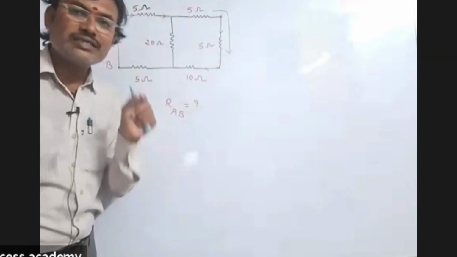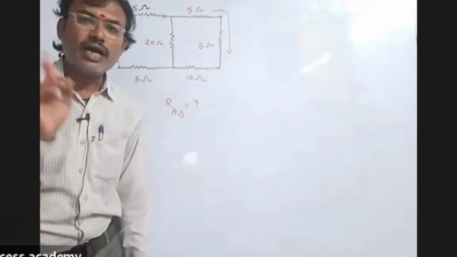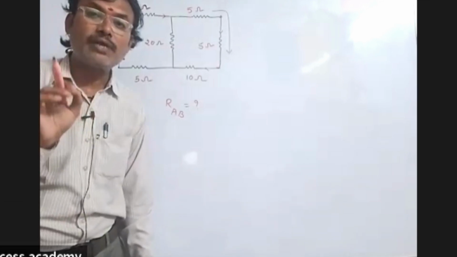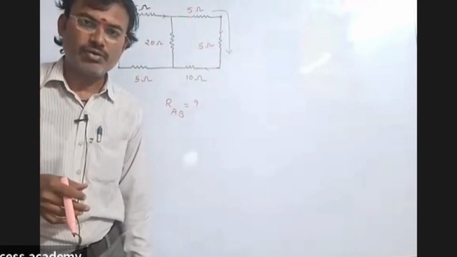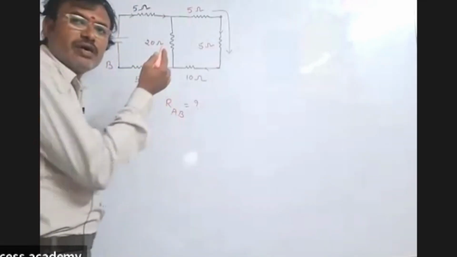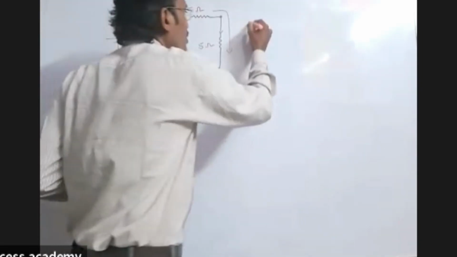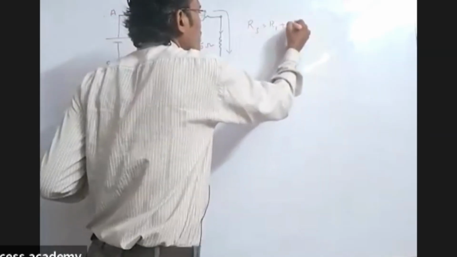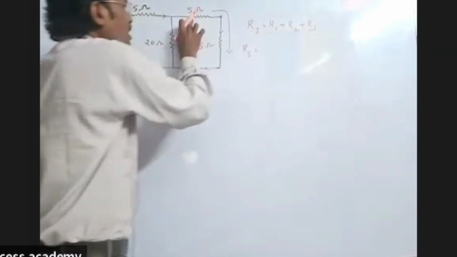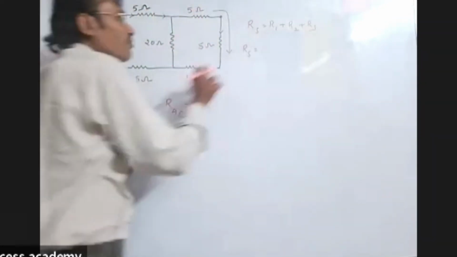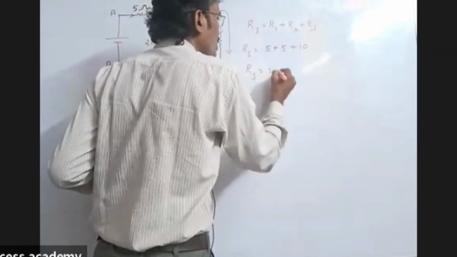Once we consider these three in series combination, apply the formula Rs is equal to R1 plus R2 plus R3. We need to remember all those formulae. So R1 is 5 ohm, R2 is 5 and R3 is 10. 5 plus 5 plus 10, then Rs is equal to 20 ohm.